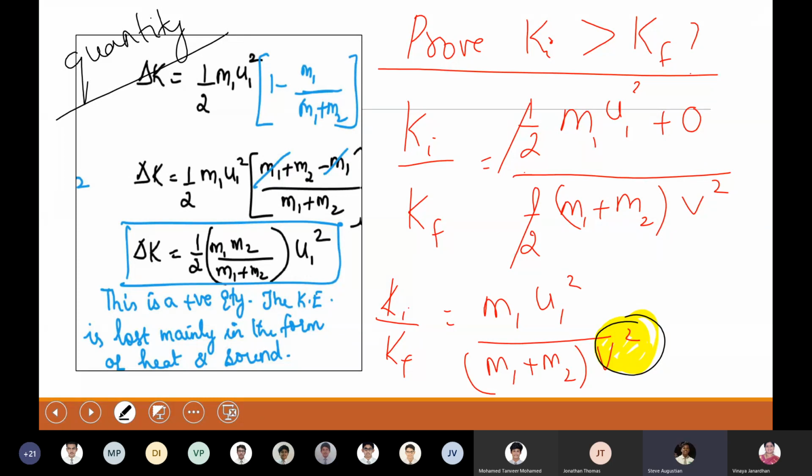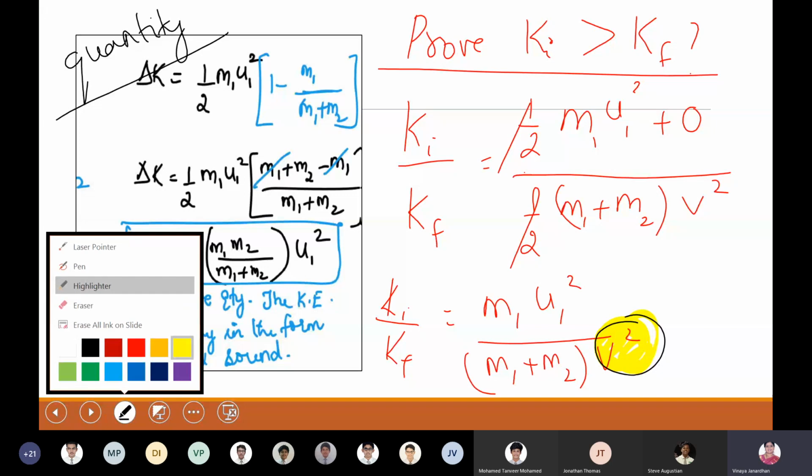Ma'am, I'm getting a ratio u1:1. Yeah, I'll do that. Shall we move to the next one, or shall I substitute and let us see what is happening?